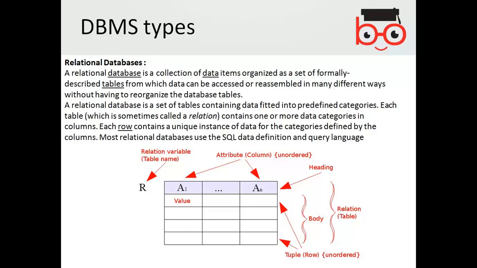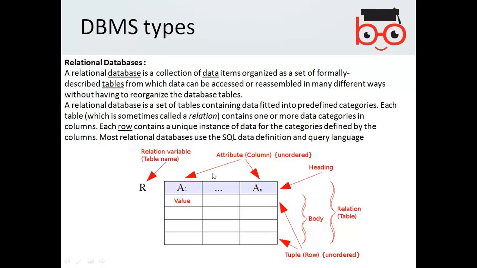Each table, which is sometimes called a relation, contains one or more data categories in columns. Each row contains a unique instance of data for the categories defined by the columns. Most relational databases use the SQL data definition and query language. So here, this is the heading of the table.